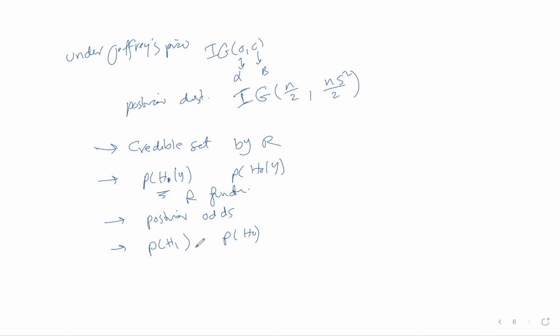And then you divide these two, you get something called prior odds. And then you divide posterior odds by prior odds, you get something called Bayes factor. So this is how to do estimation and inference for a population variance, assuming the population mean is known.